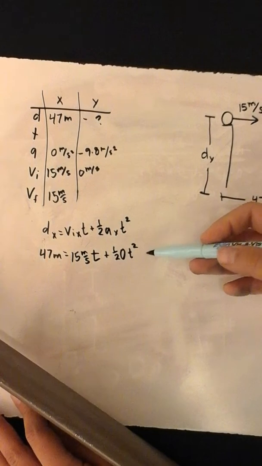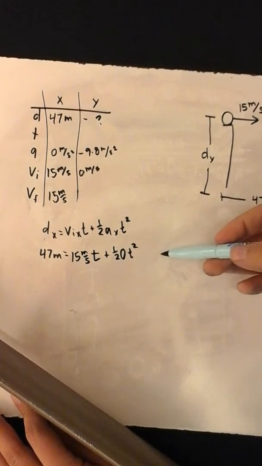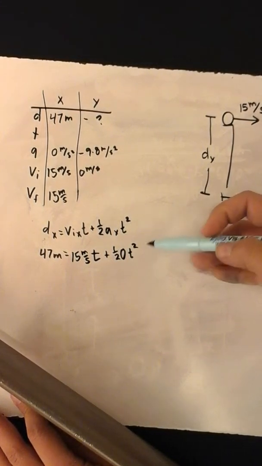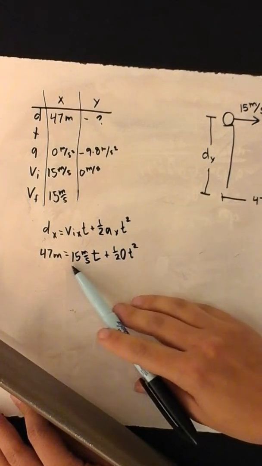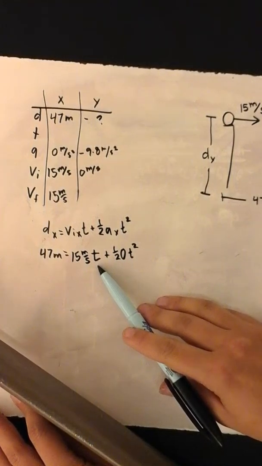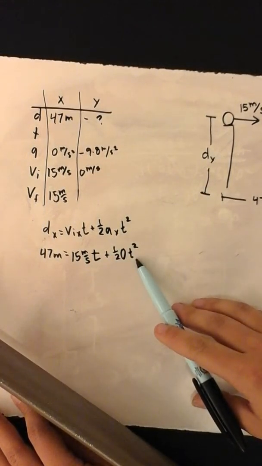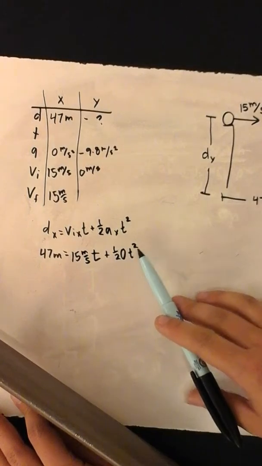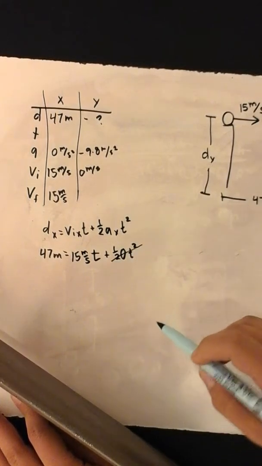So before, we'd only used equation 2 on the y side. Now that we're using it on x, we see that there's something that's different. This part of our equation that had canceled before no longer cancels. However, this part does. The acceleration is 0, therefore 1/2 at squared will all end up being 0.